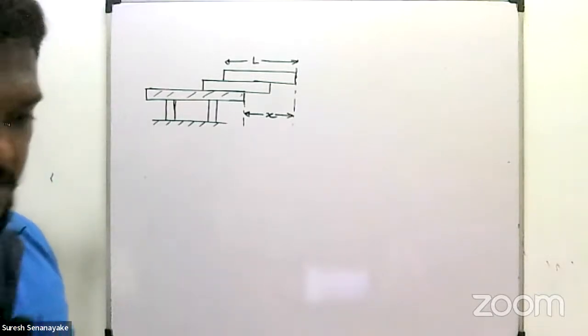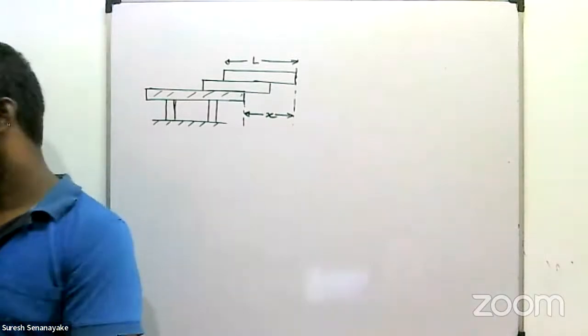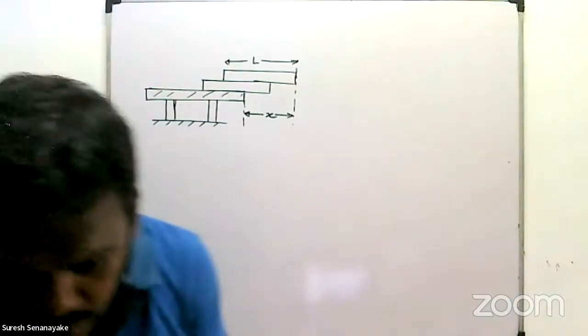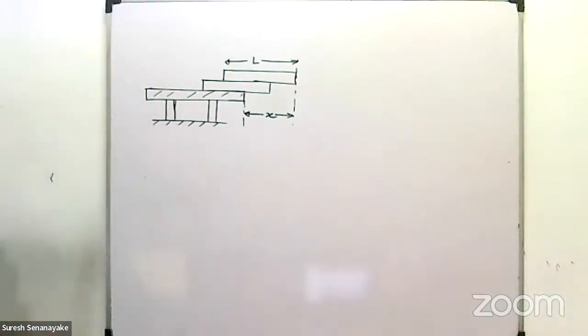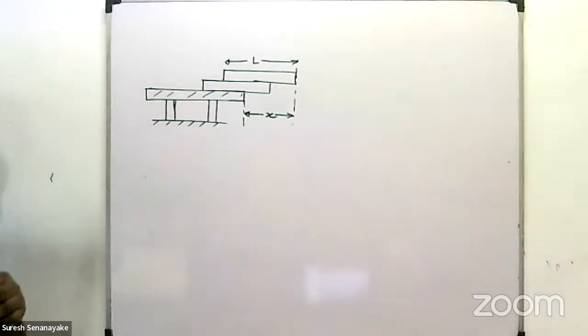Mark x there. There are two identical uniform rods of length L placed as shown in the figure.